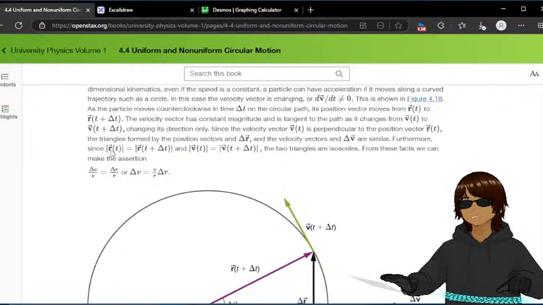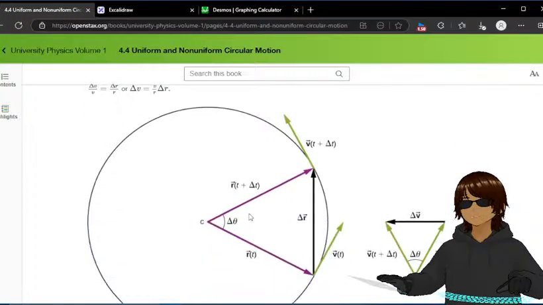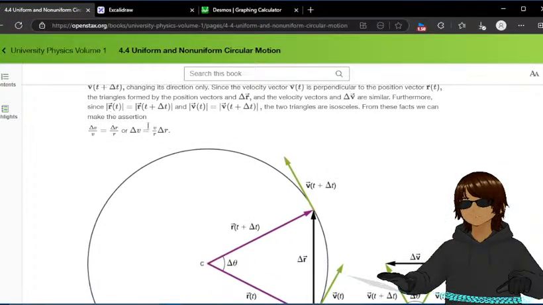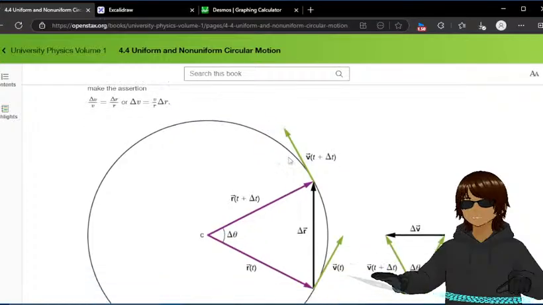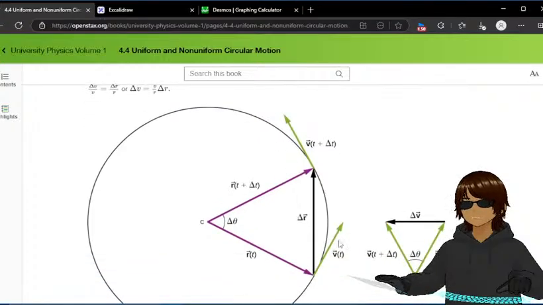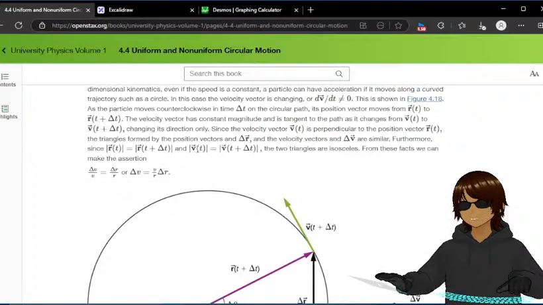Furthermore, change in r. No, wait. The position. This is the radius, right? And this velocity is equal to this. Wait a minute. I'm not really sure about this part.